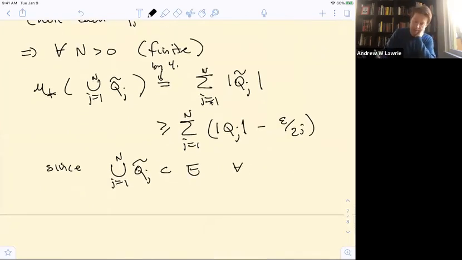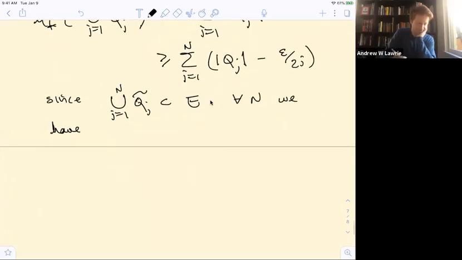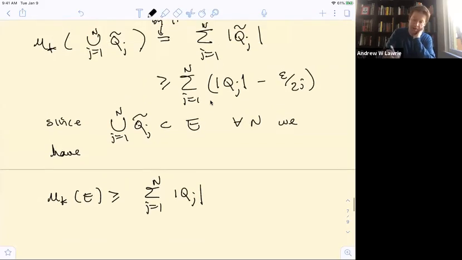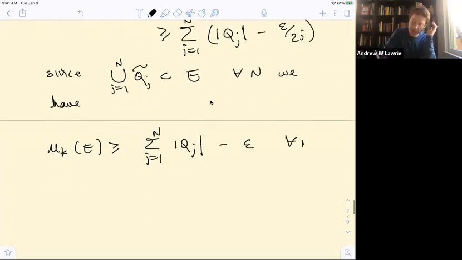So for every n, we have that mu star E is bigger than or equal to the sum from j equals 1 to n of QJ. We can sum here, since I picked 2 to the j, this is epsilon over 2 to the j, so after summing, we pick up an epsilon minus epsilon. This holds for every n.